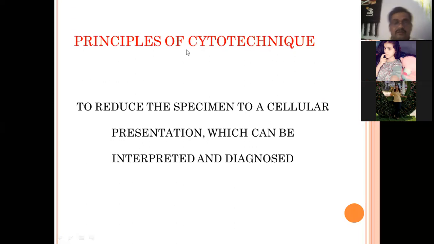So this is the basic principle of cytotechnique, that the cells represent the whole part for interpretation and diagnosis of the disease, and therefore quantitative and qualitative studies are most necessary.